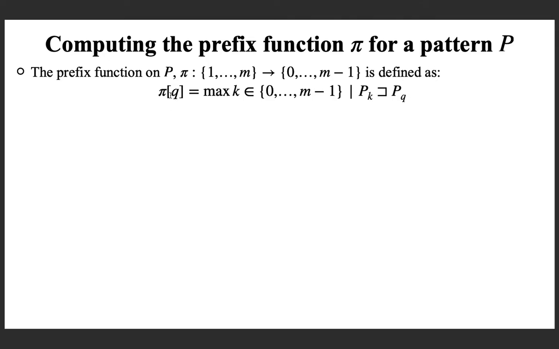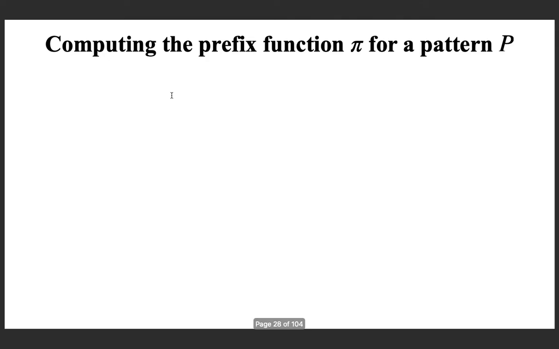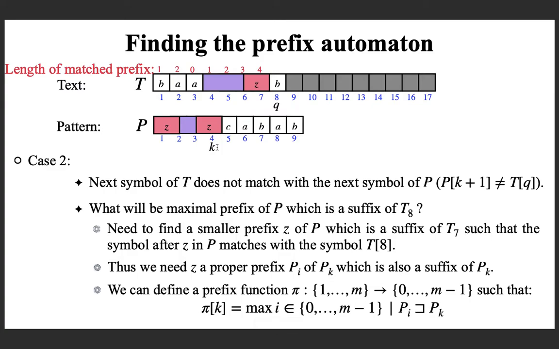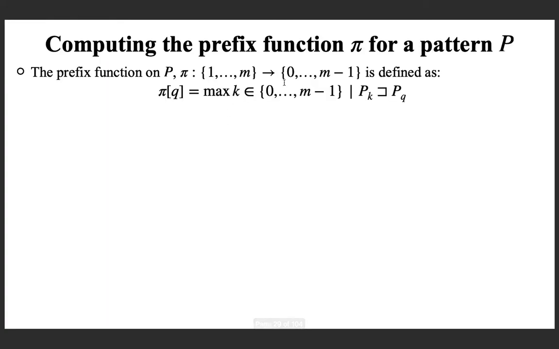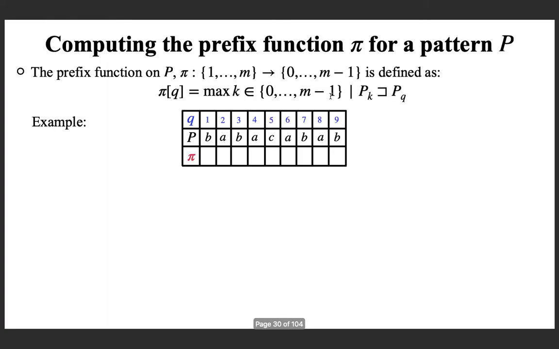Pi q means if you are looking at a Pq like this, taking q as k, then you are looking at the maximal proper prefix of Pk which is also a suffix of Pk. That is the value that you need here. Examples can make it clear. Please don't worry about it. Try to work out this example, and that can make clear what pi means.